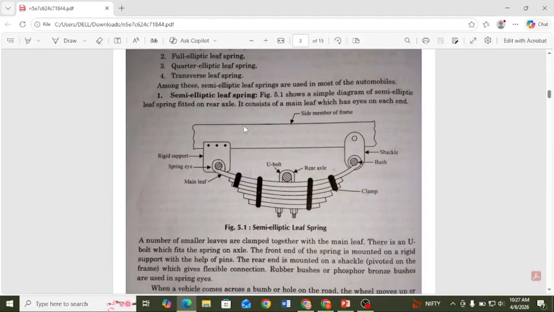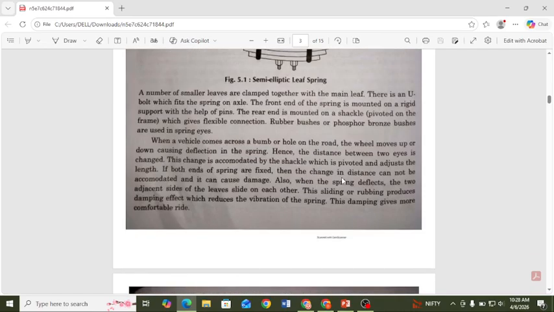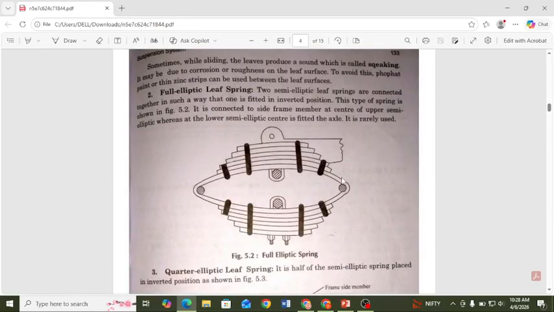The leaf spring is generally used for heavy load vehicles, and it is made up of different leaves: the main leaves, clamps, and reducing dimensions, using semi-elliptical leaf springs.